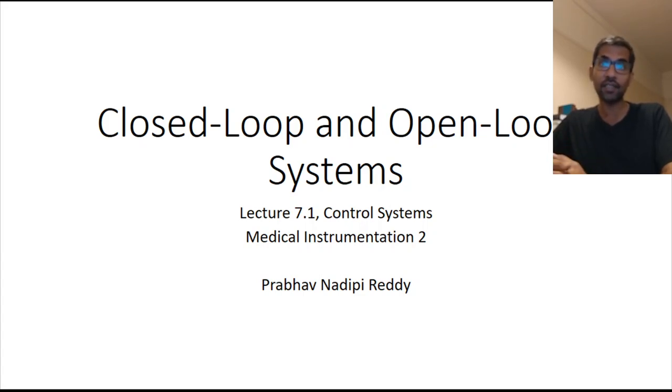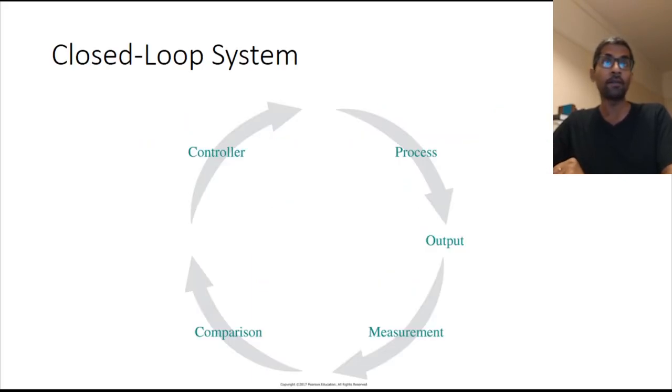Before we start that, let's define closed loop and open loop once again very clearly. A closed loop system is a system where you have feedback going on. There is a process which is giving you an output. This output is measured and compared with the desired output, and then the controller controls the process so that this output matches up with the desired output.